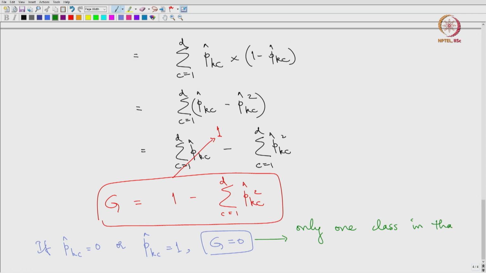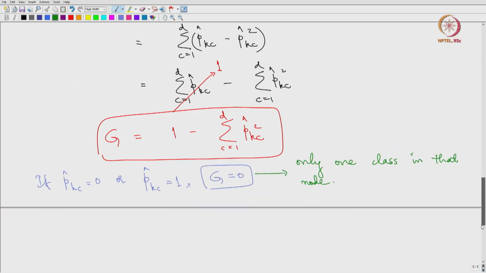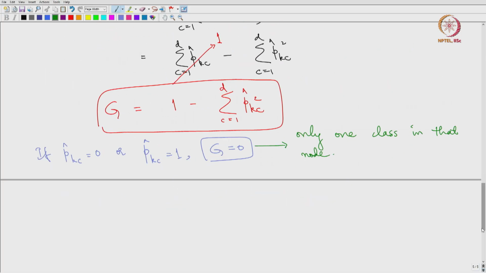With 100% certainty we know what that class is, and therefore the impurity is 0. This is why you want to minimize the impurity. You want to pick the feature that will lead to the greatest reduction in the entropy, or the maximal gain in the information. Let us see how it is done for this particular case.